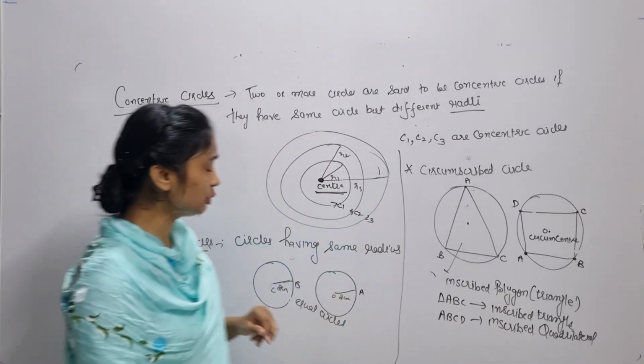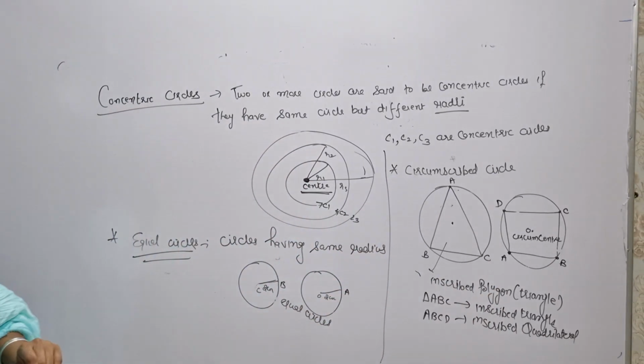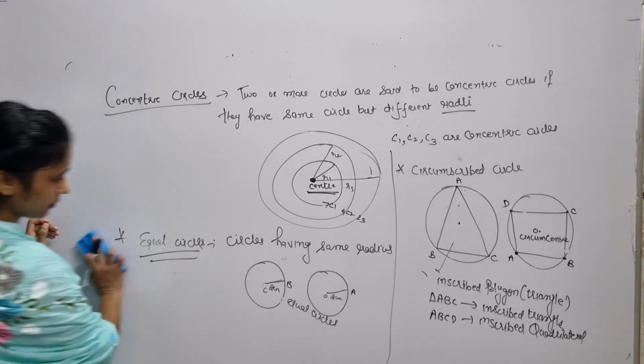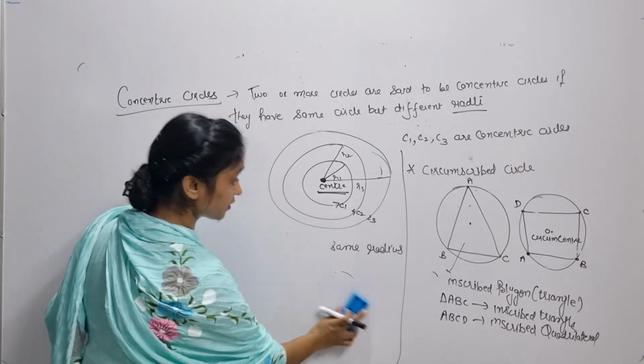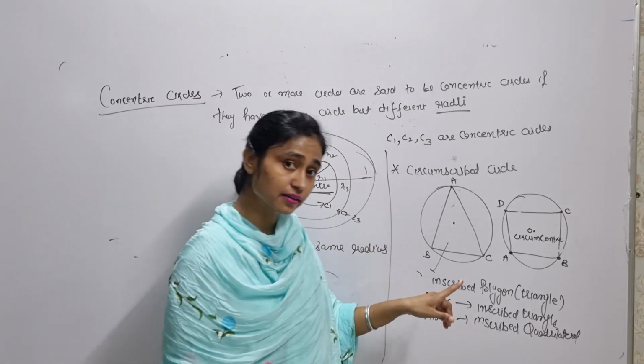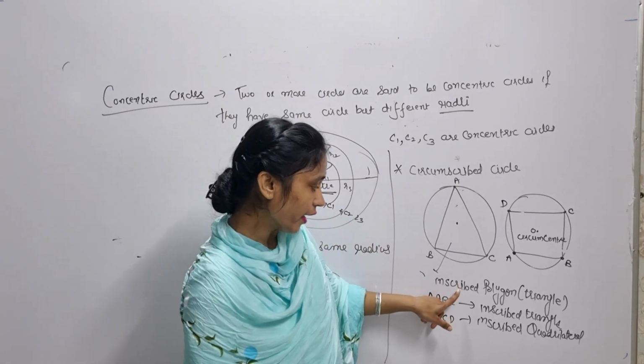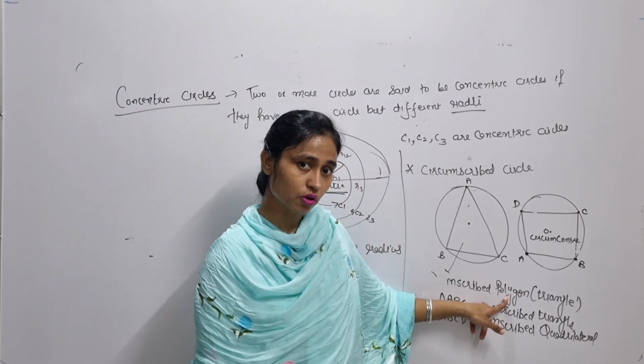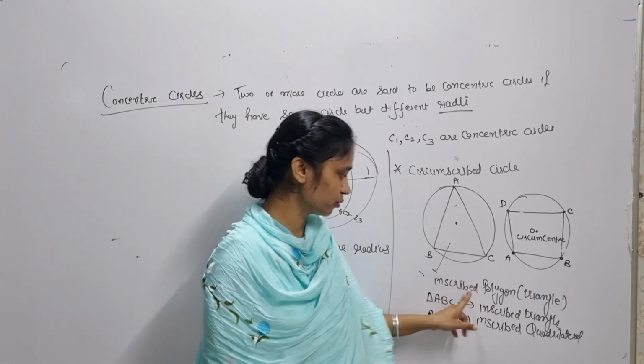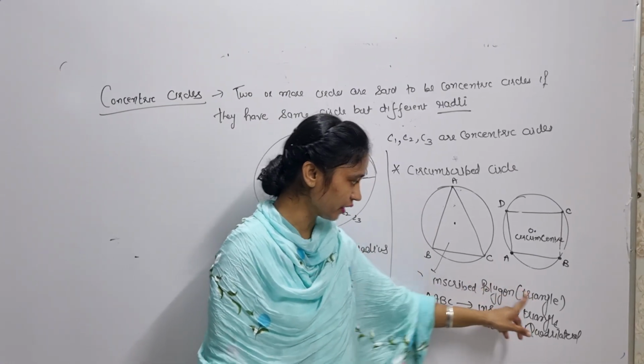Now see the next. Next we will discuss the inscribed circle. Here I have written inscribed polygon; whatever the name, if you know that particular name, you can write it here.